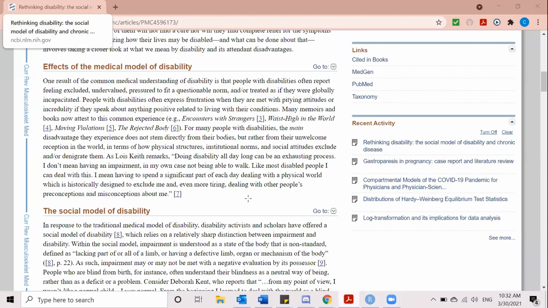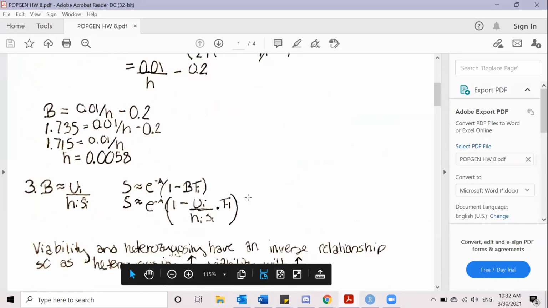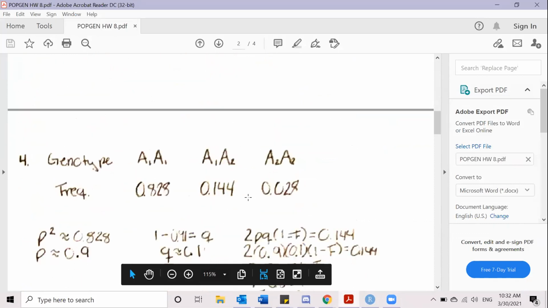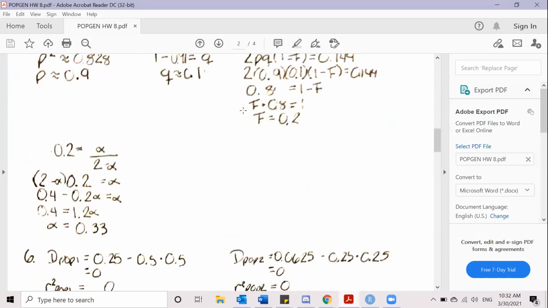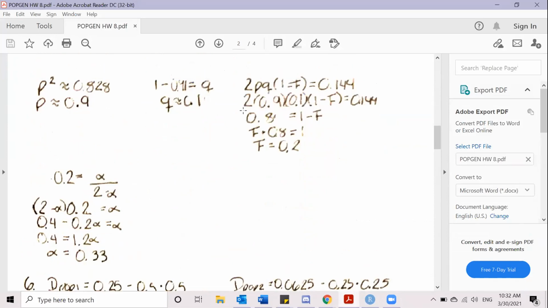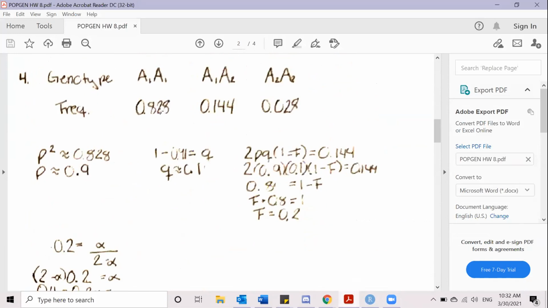Let me find it. Okay, hold on. Oh, sorry, wrong one. Okay. So problem 4 asked you to find the probability of selfing. It gives you the genotype frequencies over here.